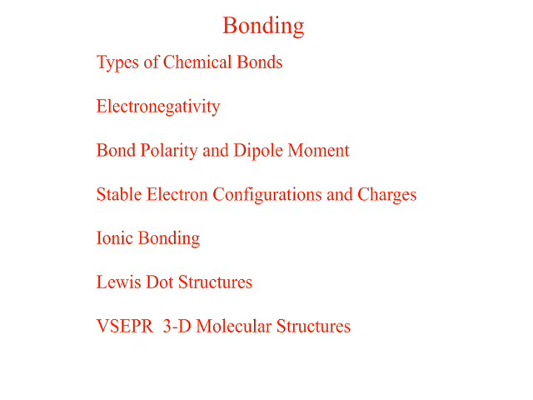We'll go back and look a little bit at stable electron configurations and charges, talk about ionic bonding, Lewis dot structures, and eventually we'll get to where we can talk about the three-dimensional molecular structure of substances and start to understand the function and the properties of molecules and how the structure affects those properties.